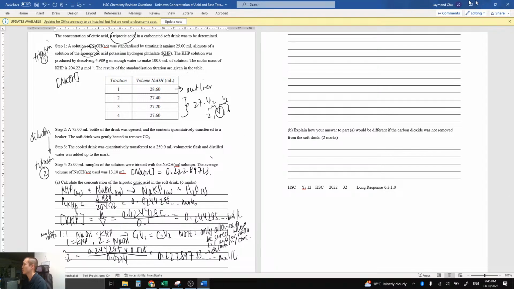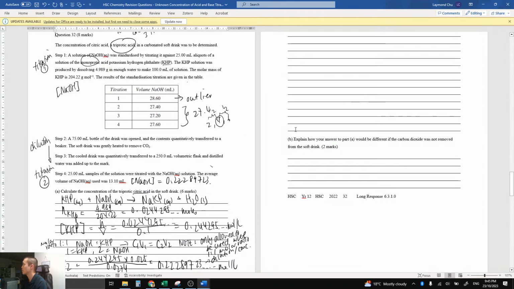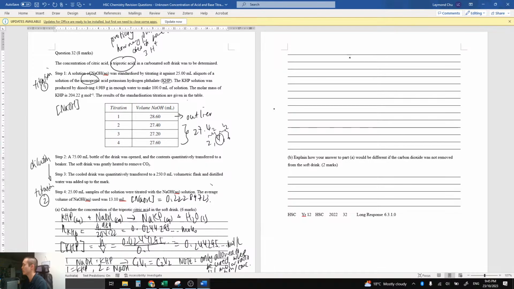We need to then find the number of moles of NaOH we use in the second titration.